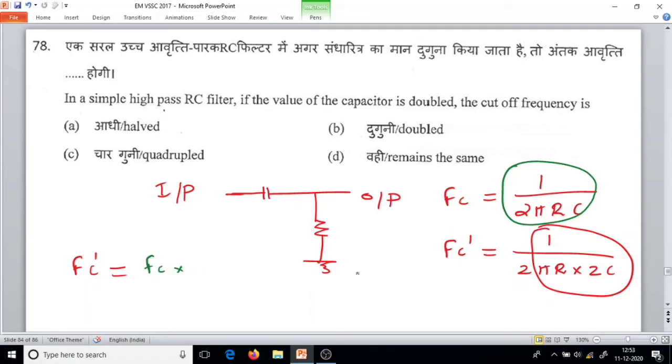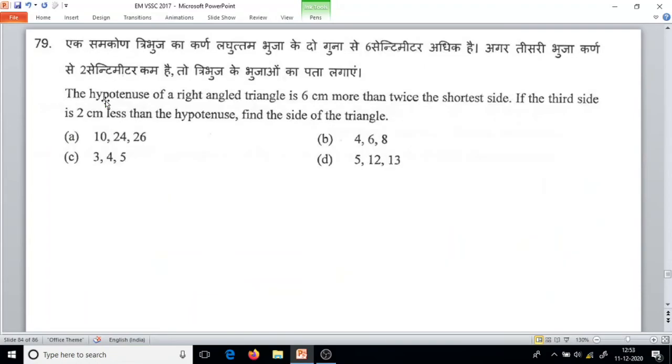Now what is left? 1 by 2 is left here. It means the cutoff frequency has become half. So the answer is option A.